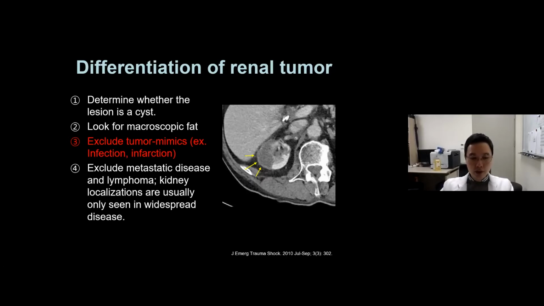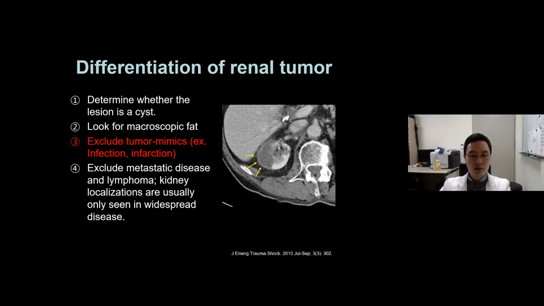In the later phase of this infarction, the kidney may move on to atrophy. In some cases, since the outer cortex may still enhance through the collaterals, there might be a resulting cortical rim sign, which is in the right side image as a yellow arrow. You can see a cortical rim sign indicating a renal infarction.